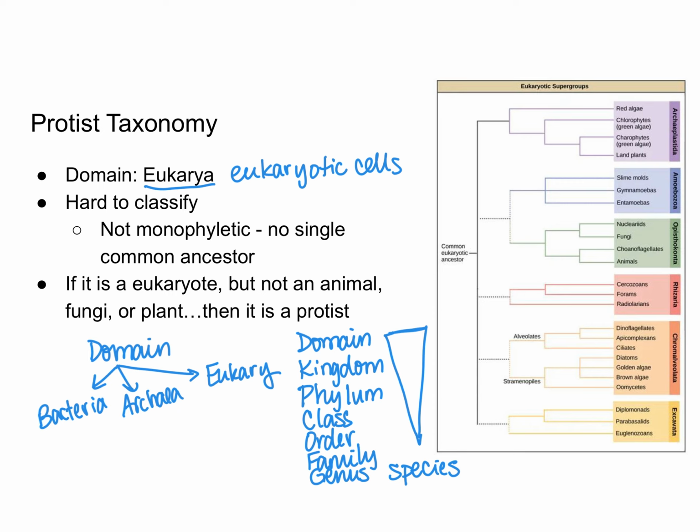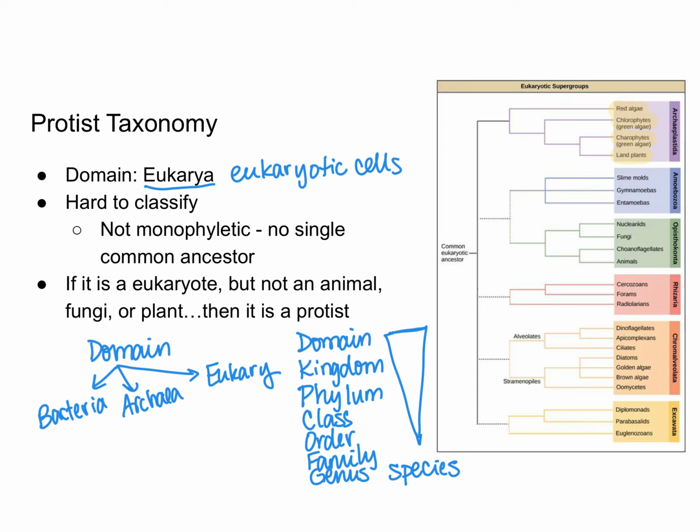Now, protists are hard to classify. They are not monophyletic, meaning that they don't have a single common ancestor. Different protists are actually classified in different groups that are not necessarily with other protists. For example, we have our algae here that are lumped together with land plants in their classification.